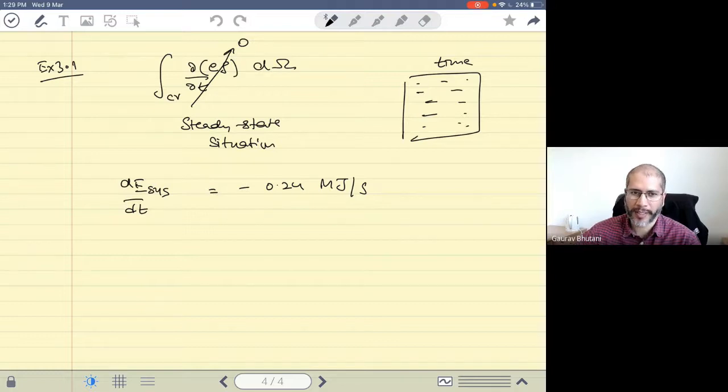Now you can guess, it's negative because maybe the fluid molecules are doing some work, and that resulted in a decrease in energy of those molecules. Or it could be that they are giving away some heat, and that heat loss is resulting in the decrease of energy of the collection of molecules which constitute the system at that time. So we'll worry about the potential mechanisms of this loss of energy next year when you do the heat transfer course.